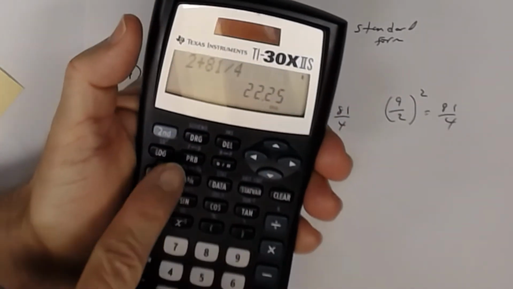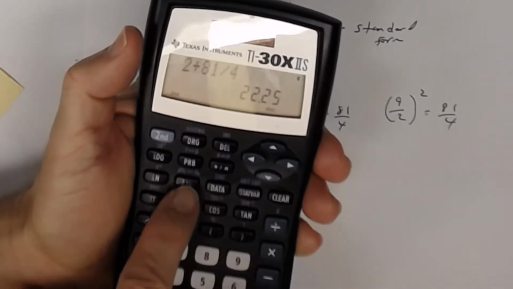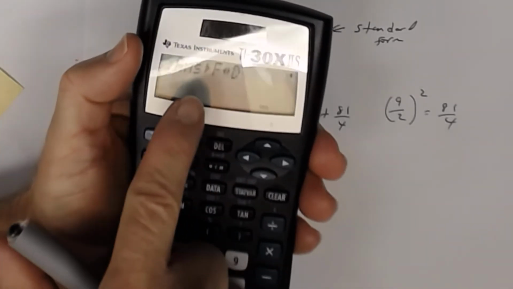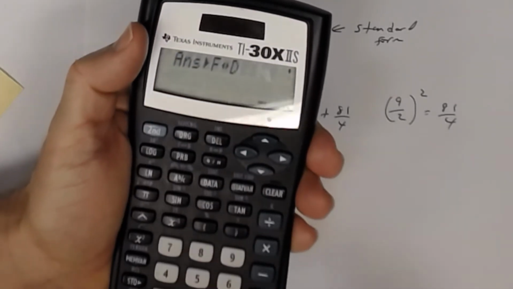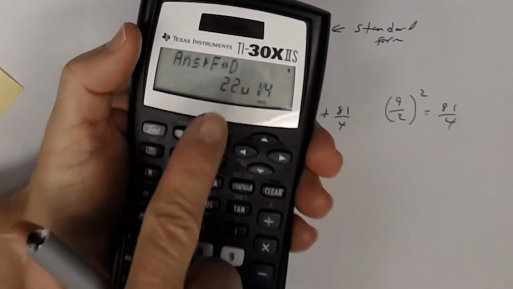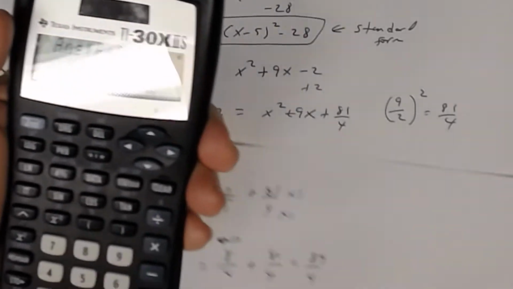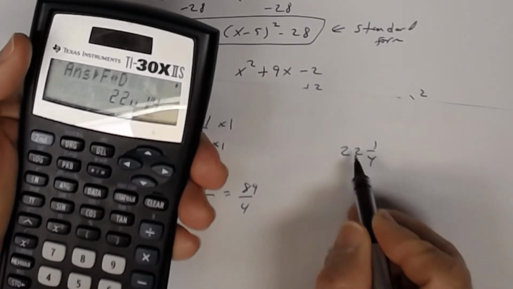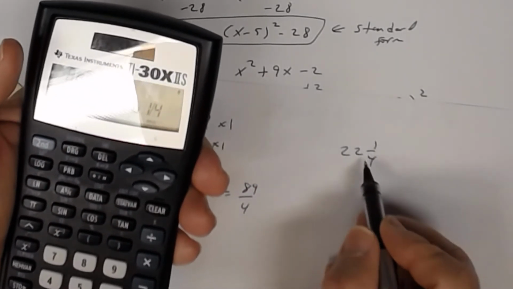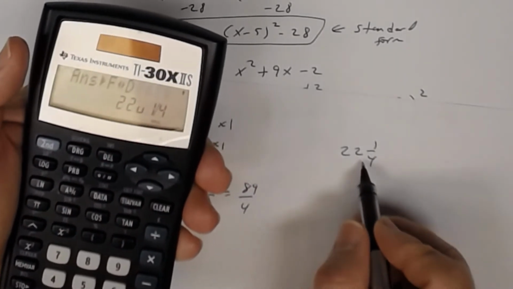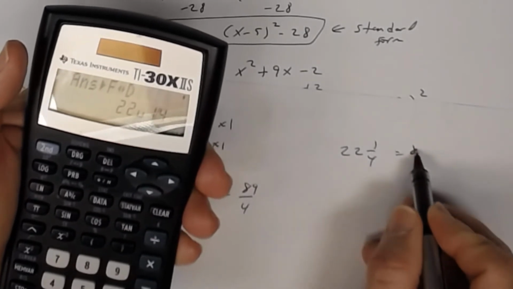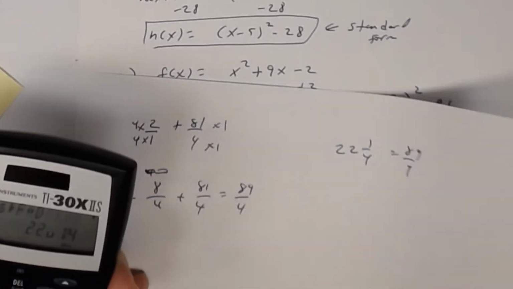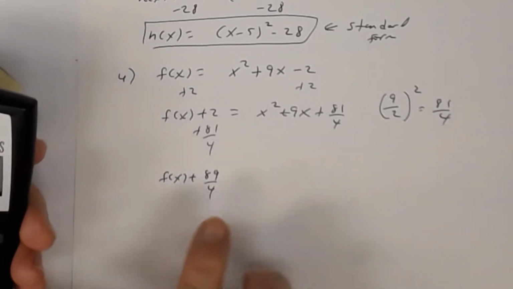To do that, press second and then P or B right here. It says fraction to decimal, decimal to fraction. Press equal, and it gives a mixed number. Remember, 22 and 1/4, you've got to change that back to an improper fraction. So 4 times 22 is 88, and 88 plus 1 is 89. That's how you can use your calculator with this.